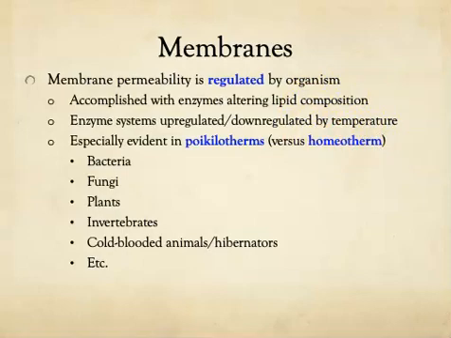Now, this kind of alteration in membrane structure over time is especially prominent in the types of organisms that don't control their own body temperature. Now, we give a name to these types of organisms. We call them poikilotherms. You and I are not poikilotherms.